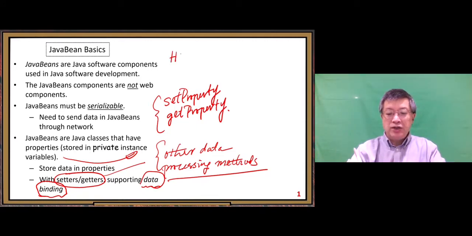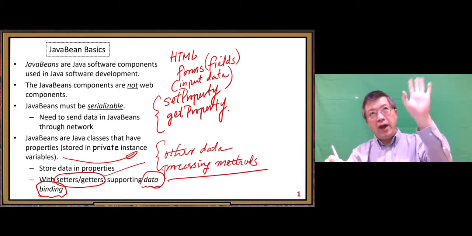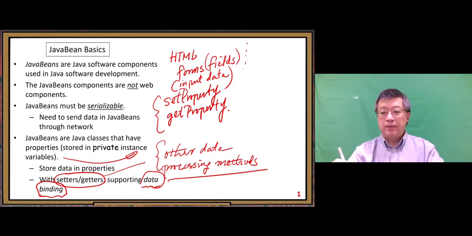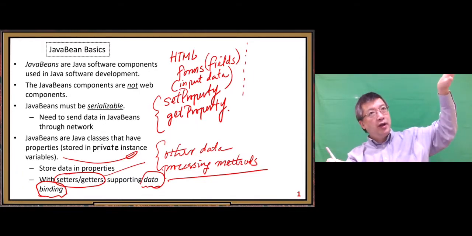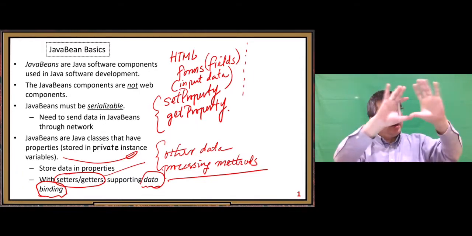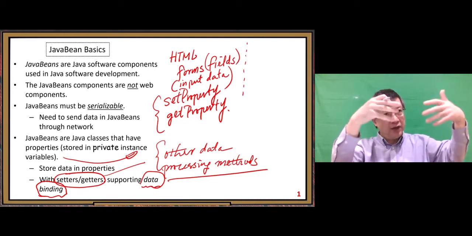Two sides you want to do data binding. HTML forms, because in the forms, the user enters input data through form fields. On this side, the HTML user interface, the page, the user can enter input.